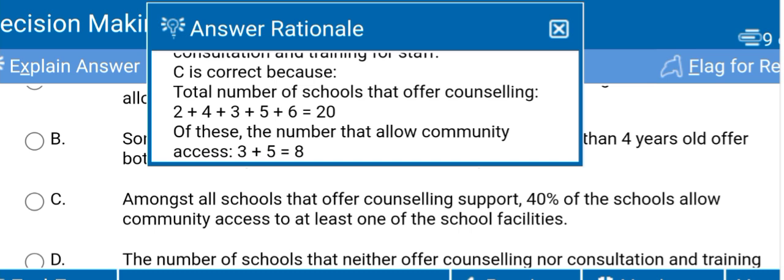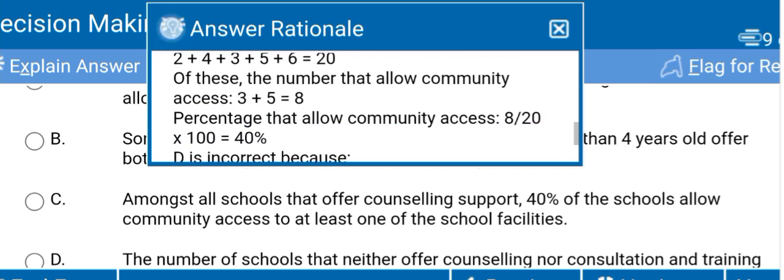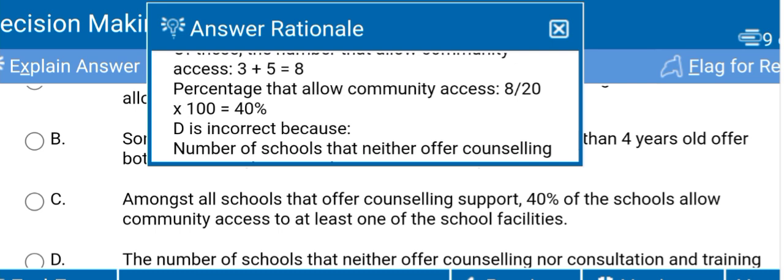Of these, the number that allow community access, 3 plus 5 equals 8. Percentage that allow community access, 8 by 20 multiplied by 100 is equal to 40%.